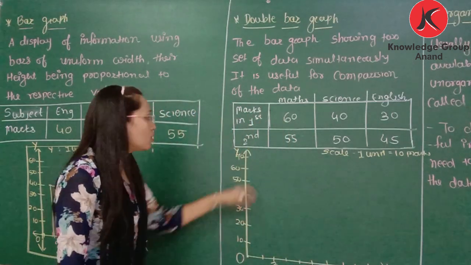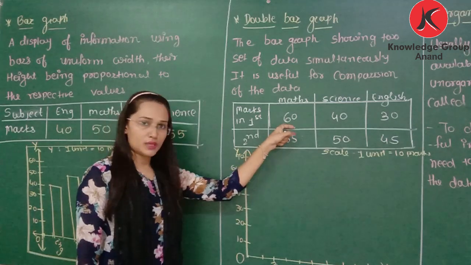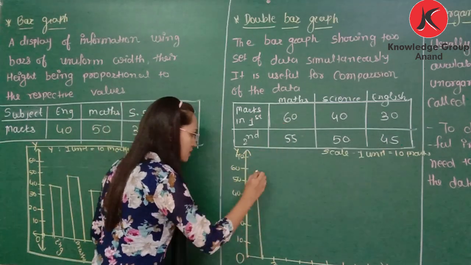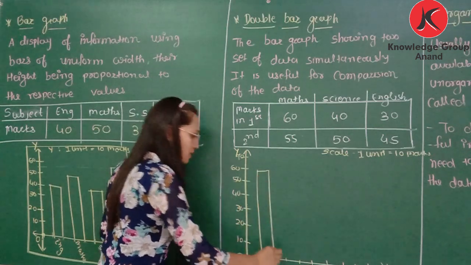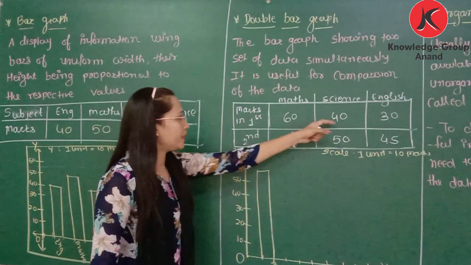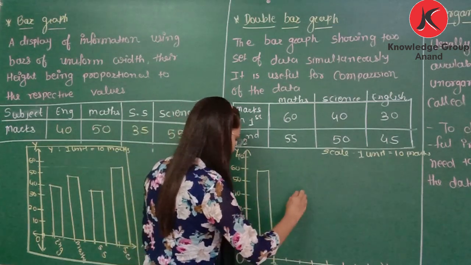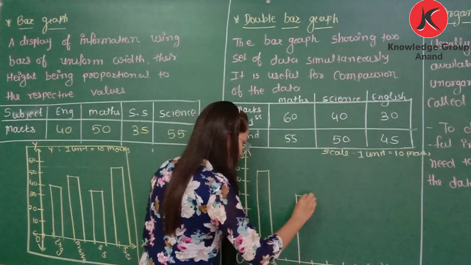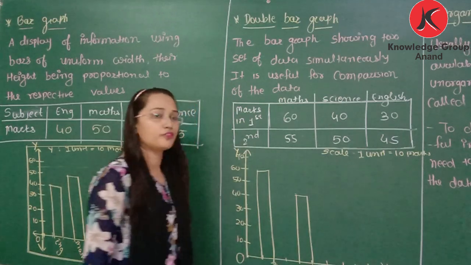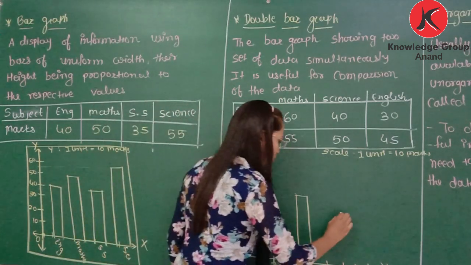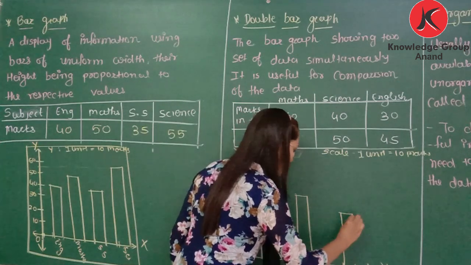Okay, so for maths in first term it is 60 marks, so we can represent a bar for 60 marks like this. So this is the marks of first term. Then in science it is 40, so we can represent a bar of 40 marks. So this is the bar for first term marks in science, and English is 30 marks.